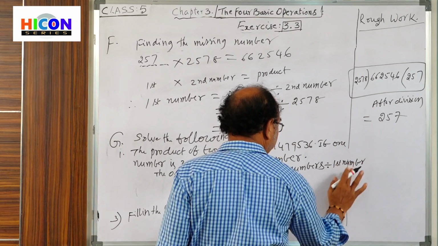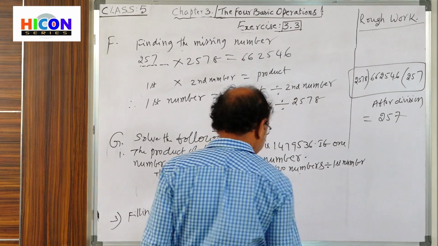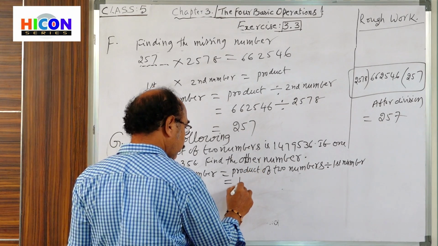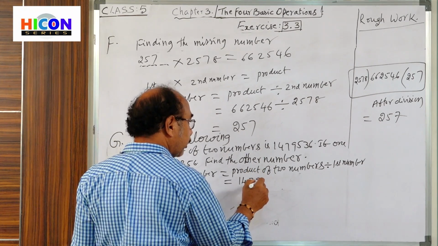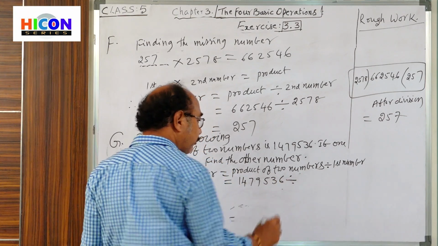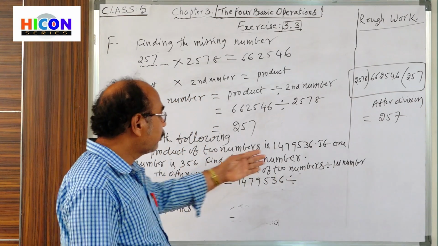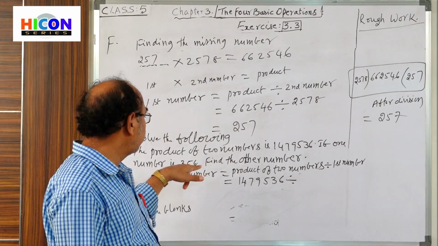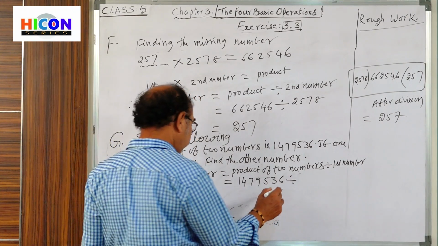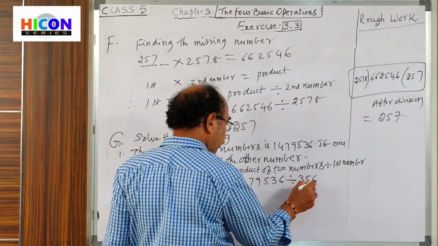Okay, children, divided by first number. What is the product given? 1479536. It should be divided by the first number. What is the first number? One of the numbers is there, no? One of the numbers is 356. With that, we divide. So divide with 356.